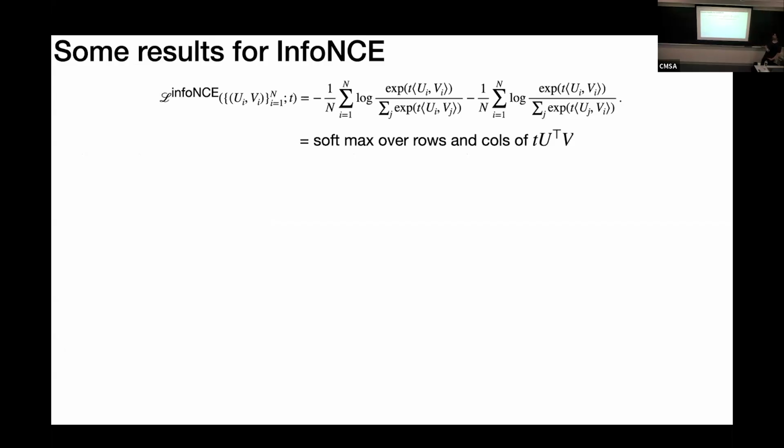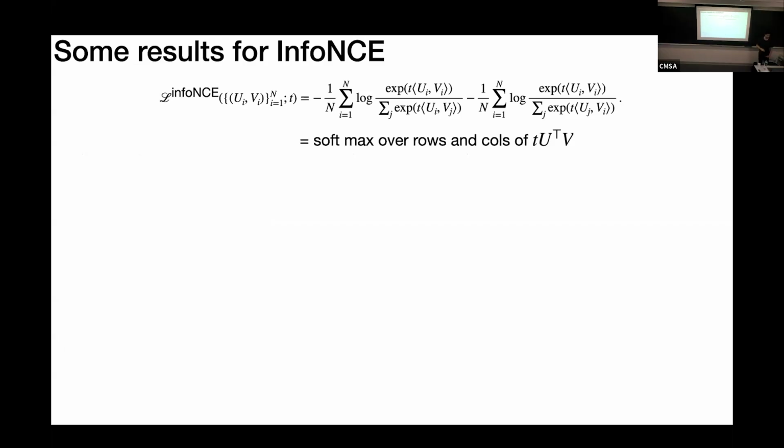So I'll mention a few results first that exist already for InfoNCE, which is a very popular loss. This is what's used in CLIP, which, as I mentioned, is OpenAI's model. So what is this loss here? We have basically a term here that encourages u_i to be close to v_i in the first part.